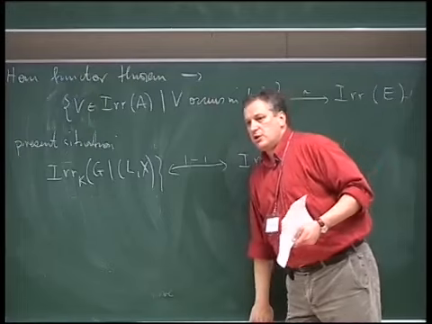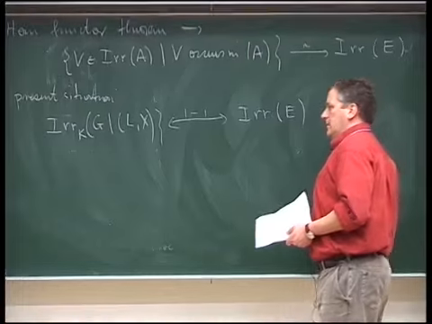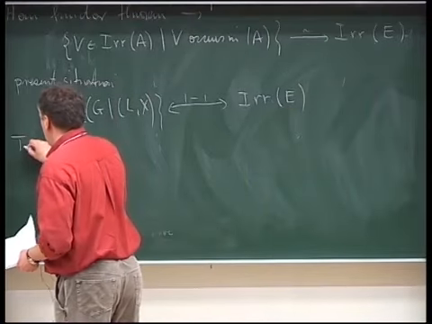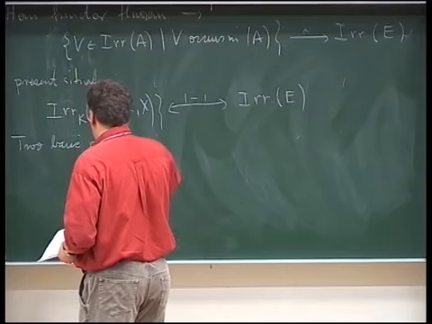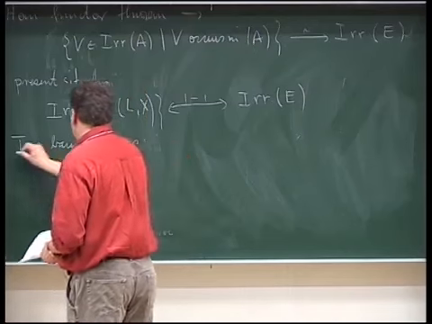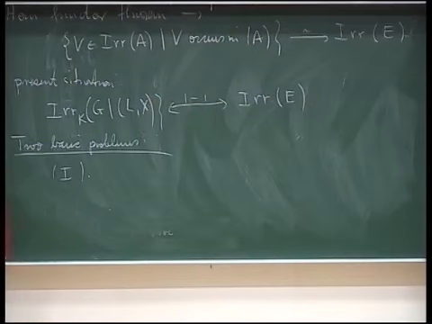So now eventually you have two problems to solve to understand your irreducible representations. Well, the first is we have to know what the pieces in this partition are.